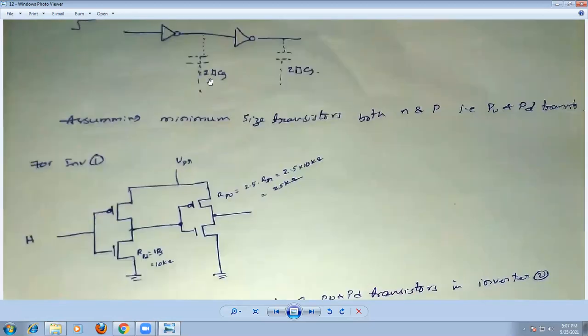Similarly, if you take another pair, the output of the second stage is the input capacitance of the next stage, assuming this point is connected to another CMOS inverter. So the capacitance associated with this one is again equal to 2 square CZ.